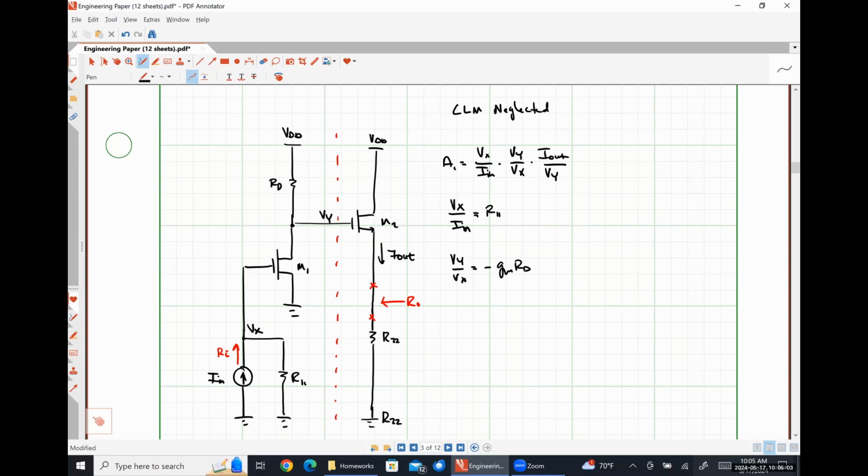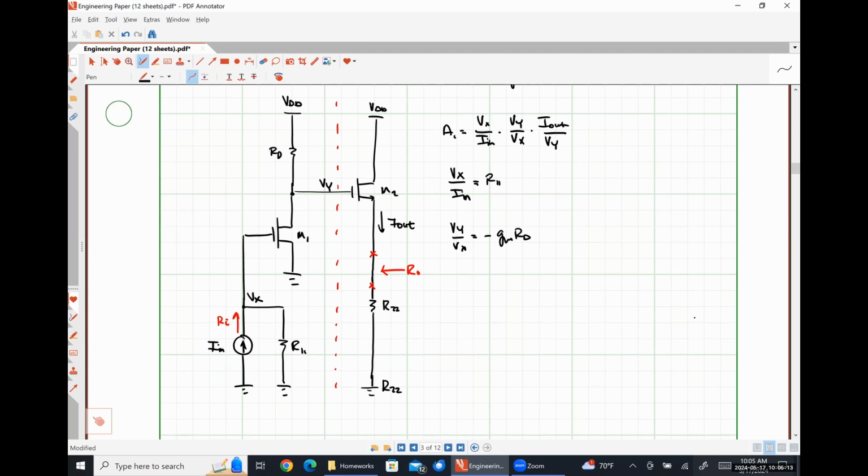So I out here represents a small signal output current. Okay, so let's think about things really quickly here. What we have is a situation like this. We have our voltage Vy being applied at the gate terminal.